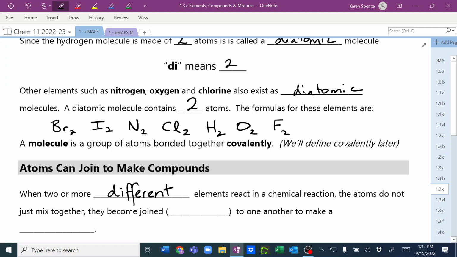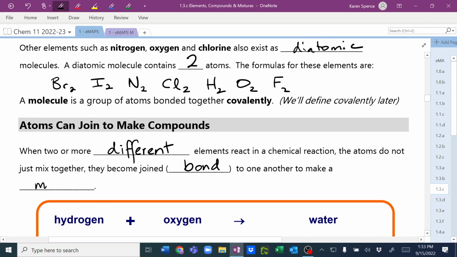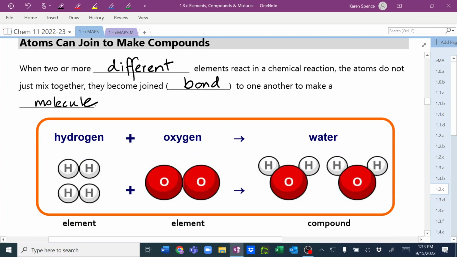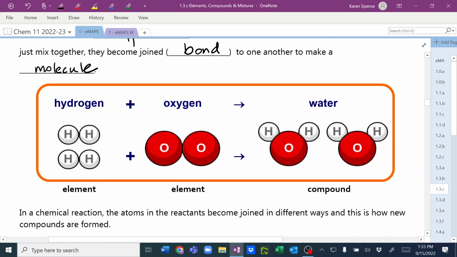They bond to one another to make a molecule. So we could have some hydrogen molecules, an oxygen molecule, and we will make two water molecules. So we're taking two elements and creating a compound.